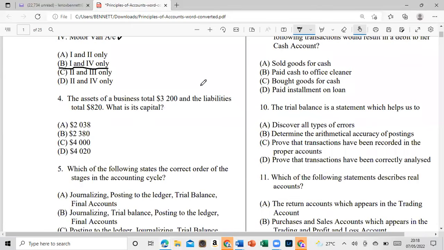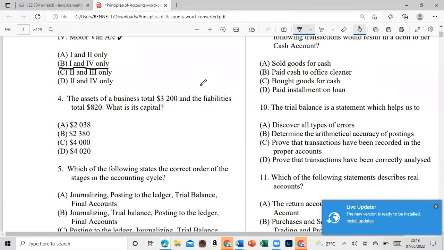Let's look at number 4. The assets of a business total 3,200 and the liabilities total 820. What is the capital? All right, so we know that capital is assets minus liabilities.